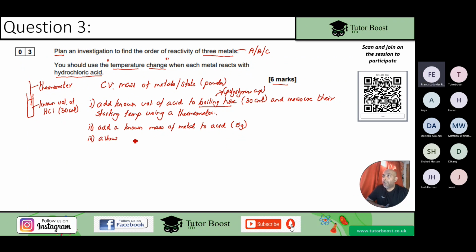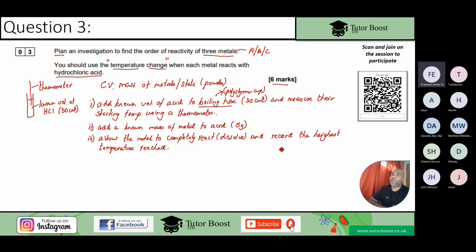So allow the metal to completely react, meaning to dissolve, and record the highest temperature reached. The reason I'm preferring this method is that one of the metals is going to be more reactive than the other, because you're looking for the order of reactivity.